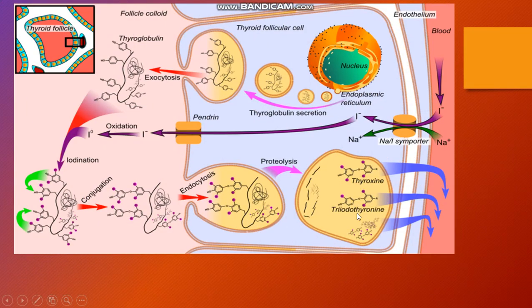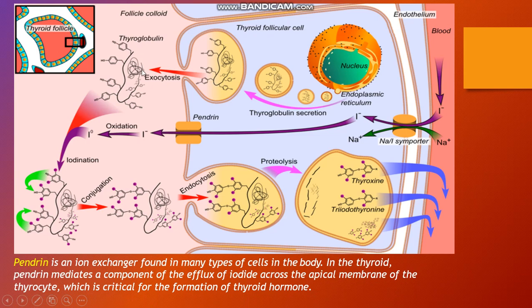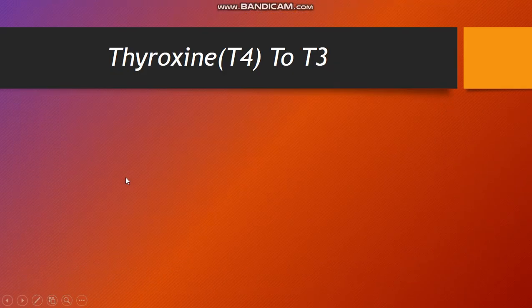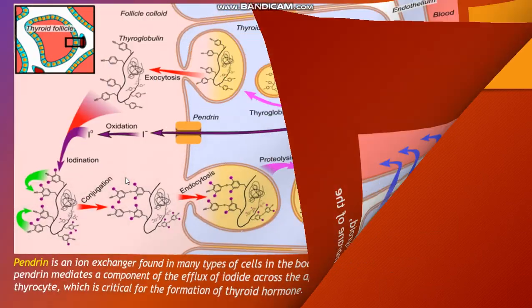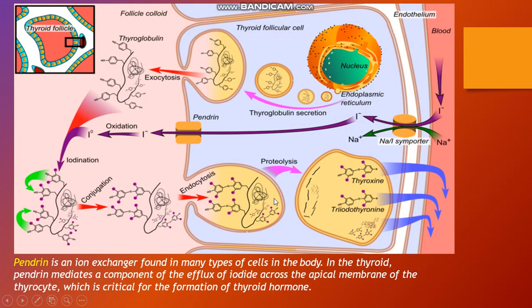You're looking here, well, I just revised you. This is the follicular cells, and how it happens. Thyroglobulin कहाँ बनी? एंडोप्लाज्मिक रेटिकुलम में. ये secrete हुई, बाहर आ गई. यहाँ पर iodination हुई. फिर again, it has been taken inside by endocytosis.